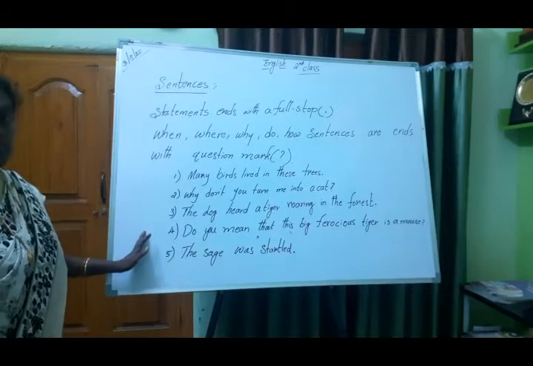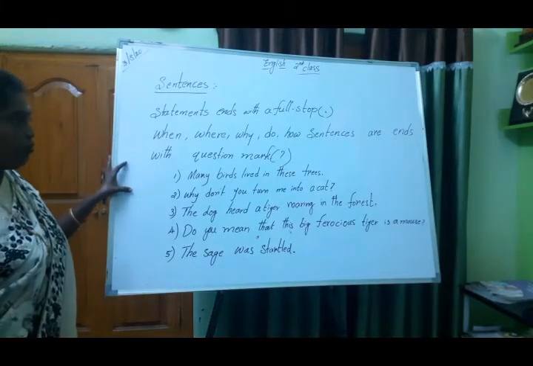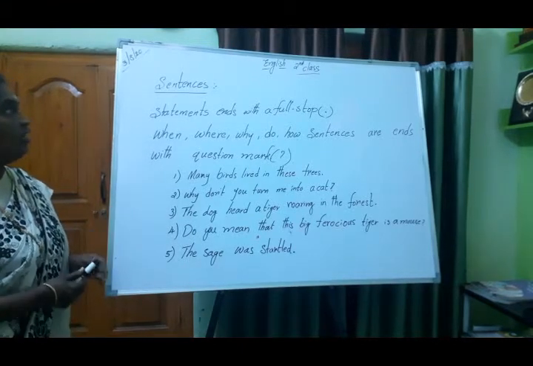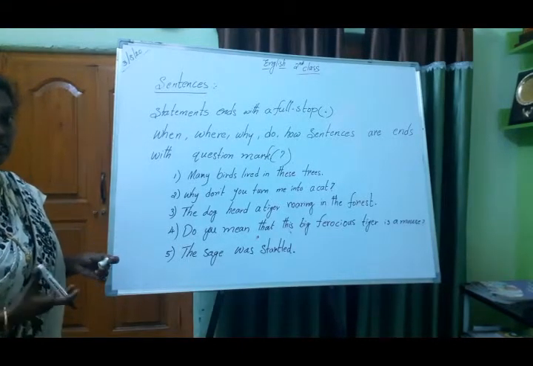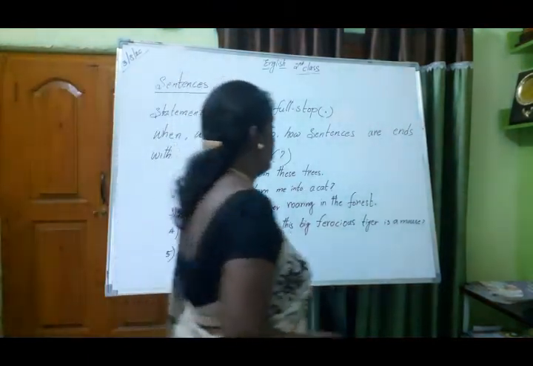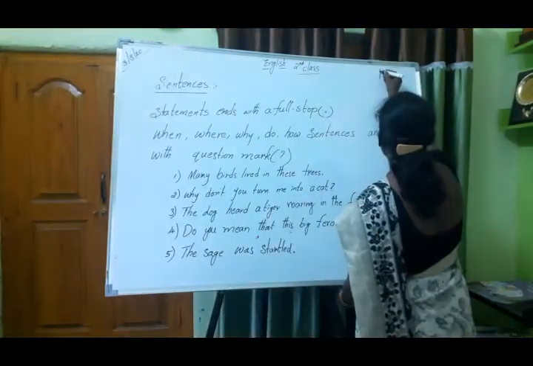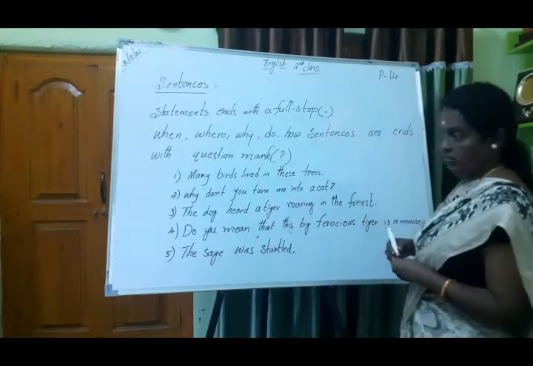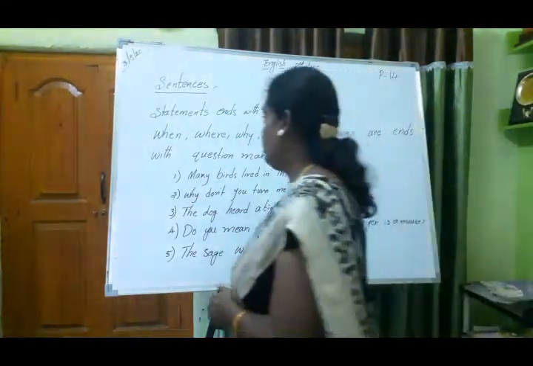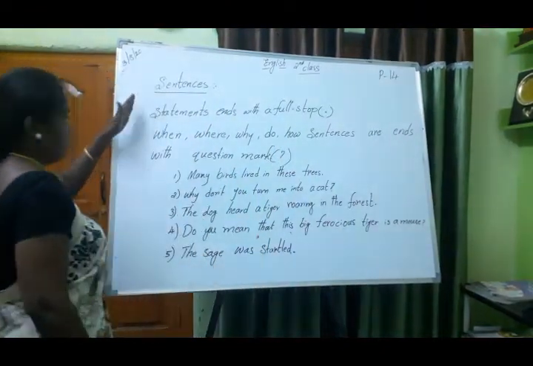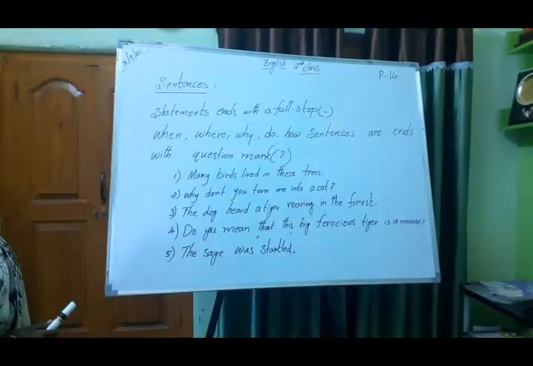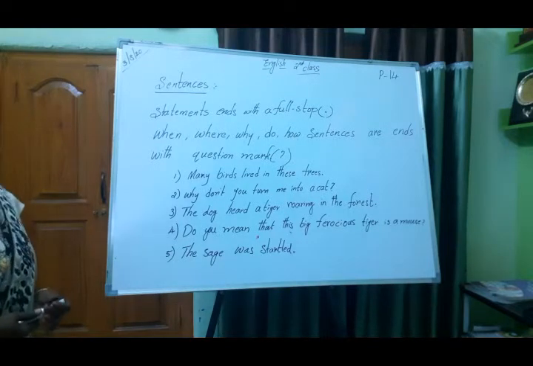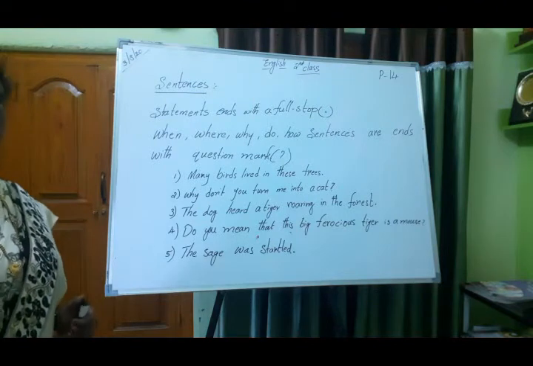Open your textbook, classwork children. Open your CW and write this in your CW children. Okay? Complete fast. Put the center: a statement ends with a full stop. The sentence is a statement. Sentences means what, children? Statement. Yes children?